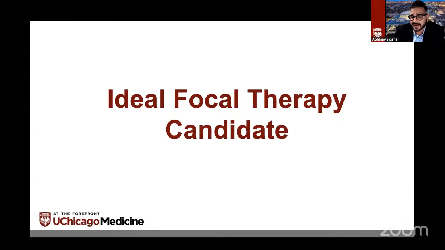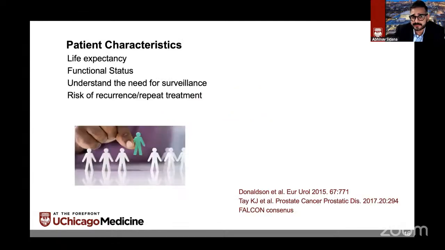So who is an ideal focal therapy candidate? When I select focal therapy patients in my practice, I look at certain patient characteristics and certain disease characteristics. In terms of patient characteristics, these patients should have appropriate life expectancy. We're treating them for prostate cancer, so they should have a life expectancy of more than 10 years to be offered any active treatment for prostate cancer.